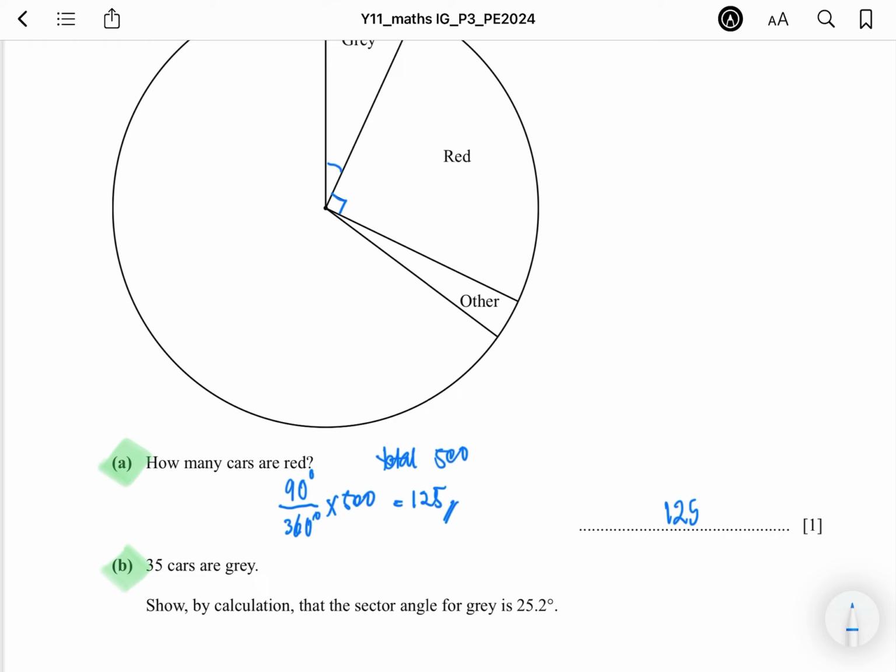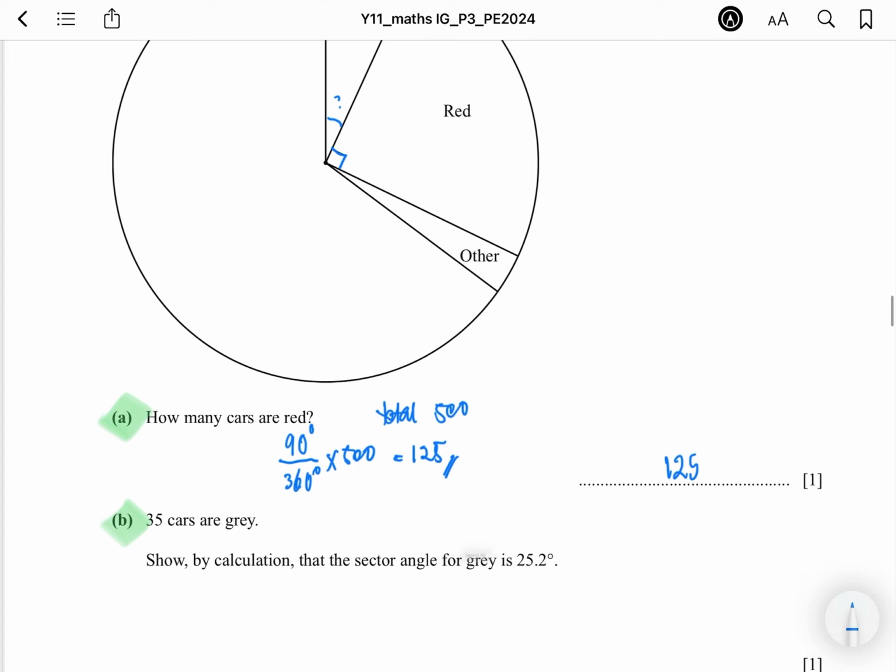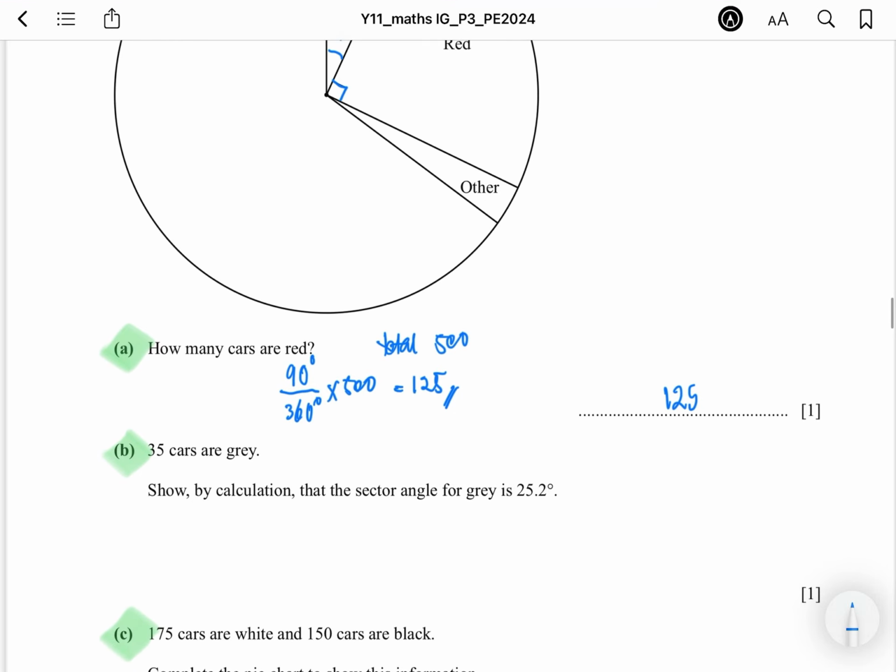And then 35 cars are gray, so we don't know here. The question is asking what would be the angle here if 35 cars are gray. So we know 90 degrees corresponds to 125 cars.